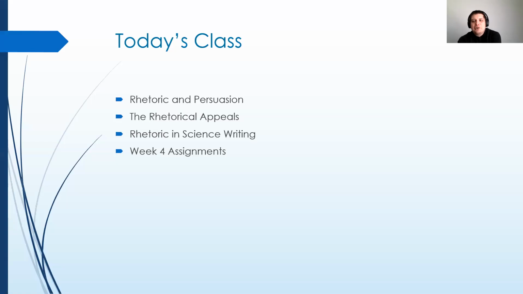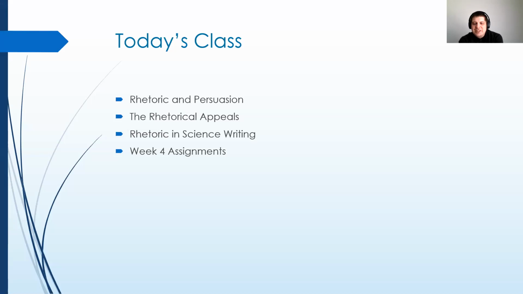The way I want to approach today's class is to look at how rhetoric can help us understand persuasion. In one sense, rhetoric is sort of the science of persuasion, and specifically how the rhetorical appeals, at least the main ones in classical rhetoric, can give us some tools for doing that. This is a very useful way to analyze arguments.